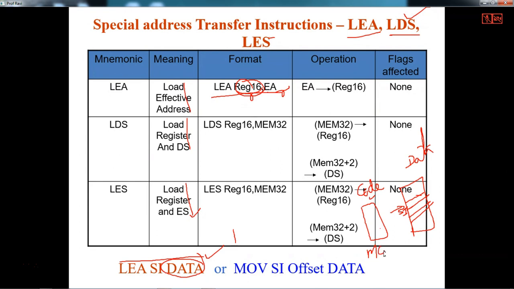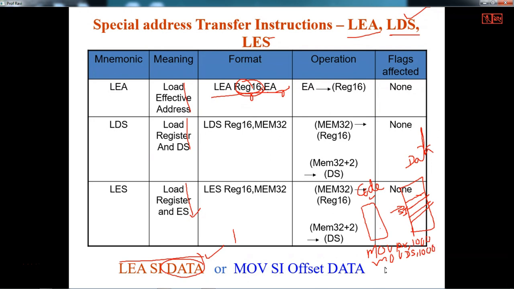So then this is the objective, and what you write is: move AX comma, that means the data segment, AX comma 1000. Then move DS comma AX. That means you have to specify where your data segment is.